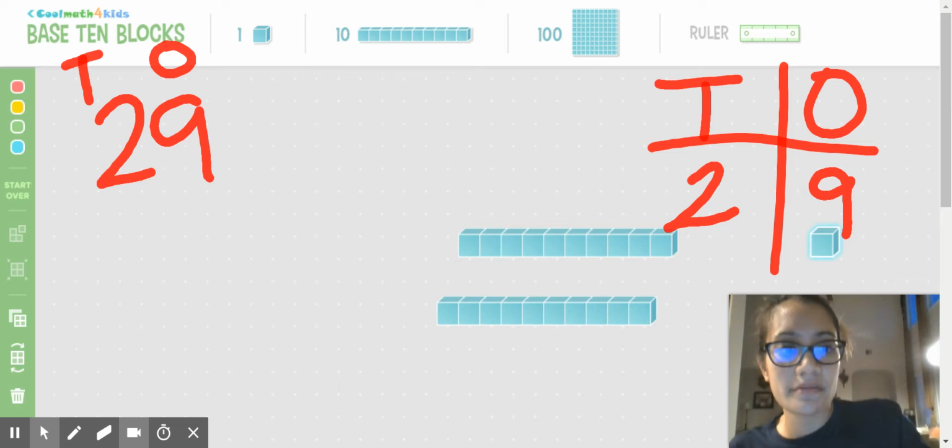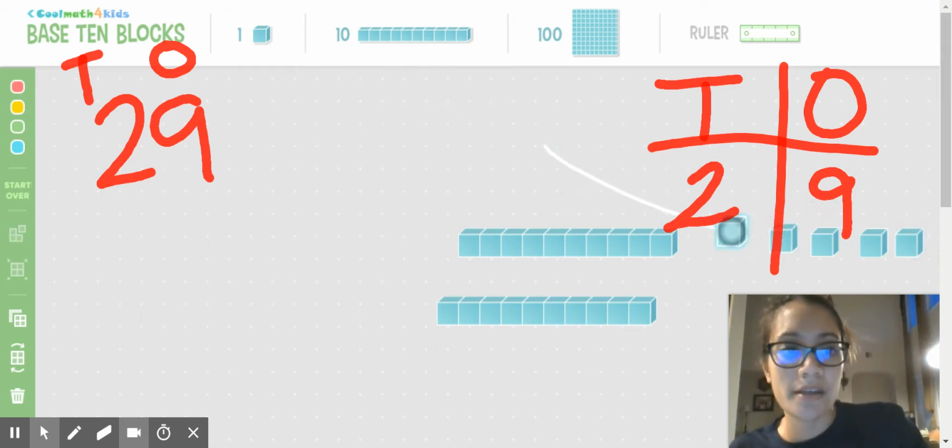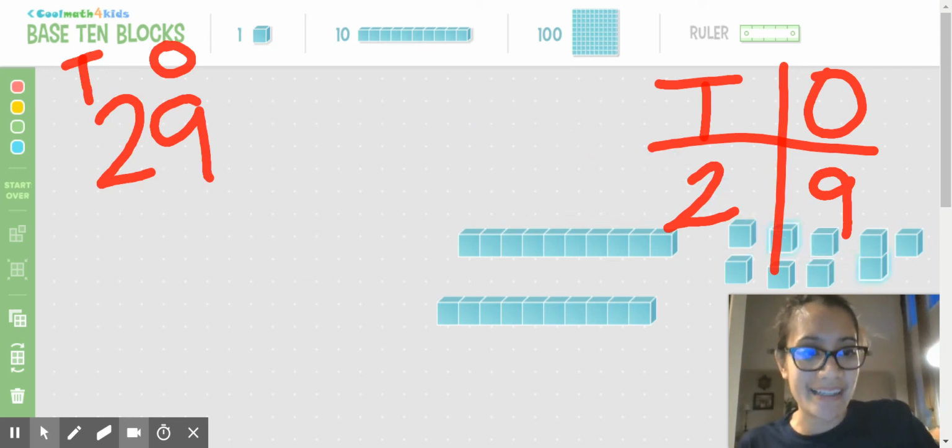So in this simplistic way, you can have two tens and then 9 ones. But the cool thing about math is that there is no one way to solve a problem. There are many different ways to give Miss Tran the number 29. There we go, 29.